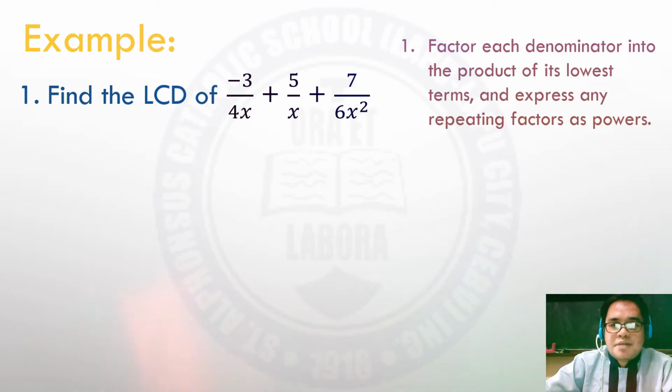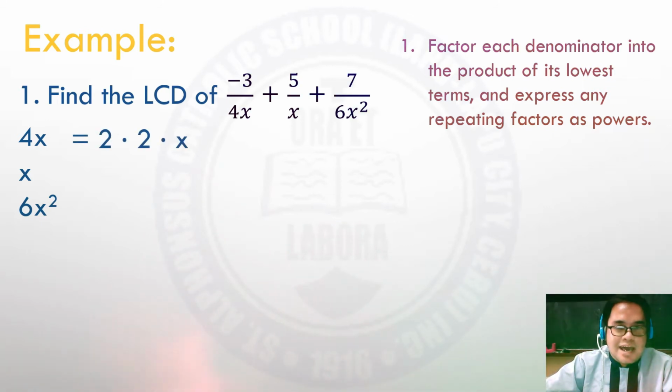According to the first step in finding the LCD of the rational expression, factor each denominator into the product of its lowest terms and express any repeating factors as powers. So consider the denominators 4x, x, and 6x squared. The factors of 4x are 2, 2, and x, or it can be written as 2 squared times x because the repeating factors should be expressed as powers.